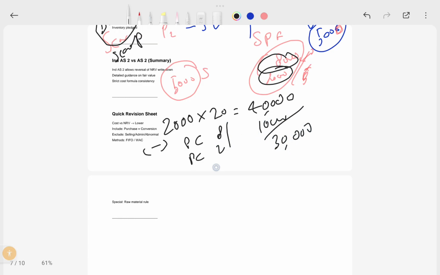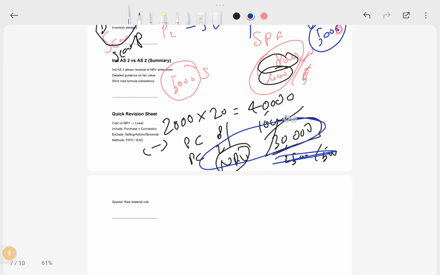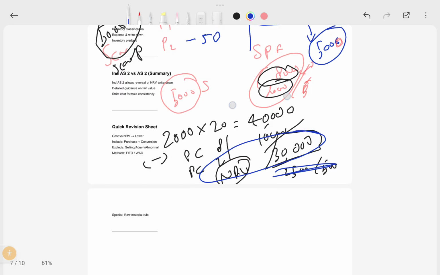So 30,000 is the net realizable value from selling this by-product. For the 30,000 there was some cost included, that was 25,000, because the profit is 5,000. You can ignore these numbers. You just calculate the NRV for the main products' inventory calculation and remove that NRV from the main cost.